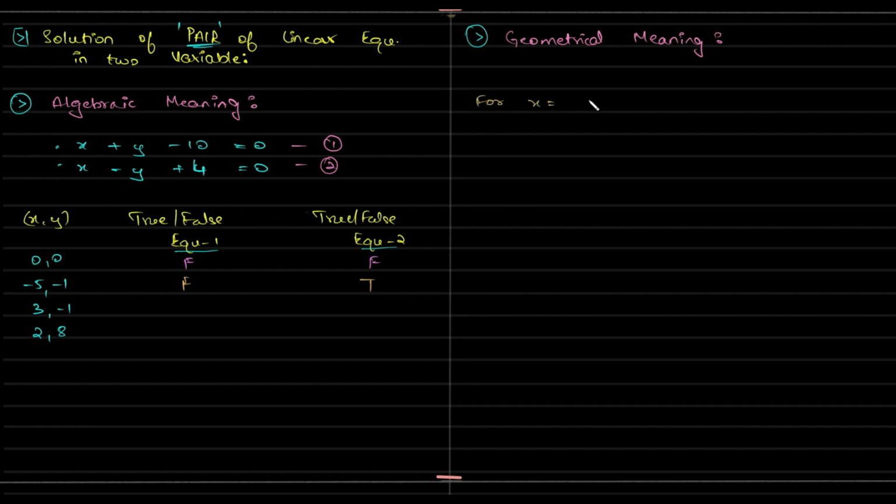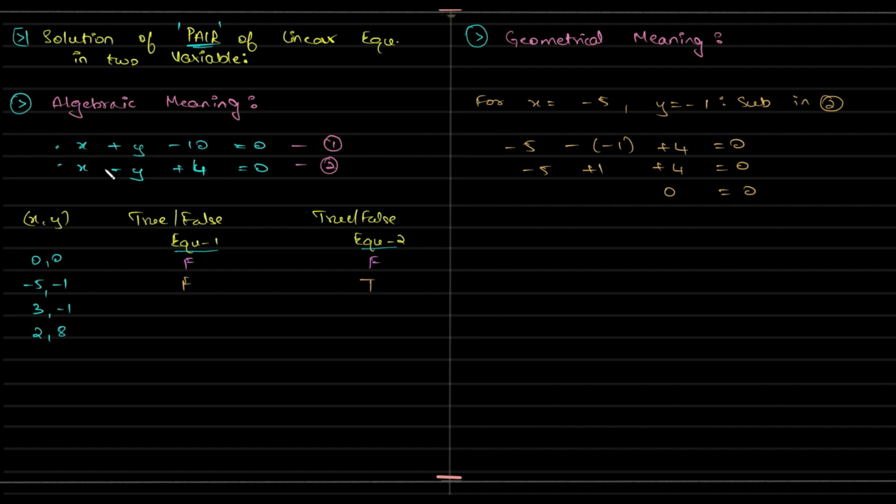For x is equal to minus 5 and y is equal to minus 1, I'm taking equation 2. Substituting, we are looking at minus 5 minus of minus 1 plus 4 is equal to 0. So this is minus 5 plus 1 plus 4 is equal to 0. So this is 0 is equal to 0, and this is a true statement.